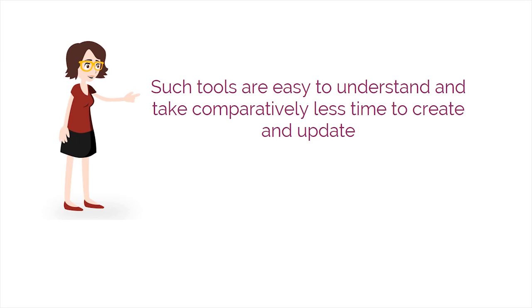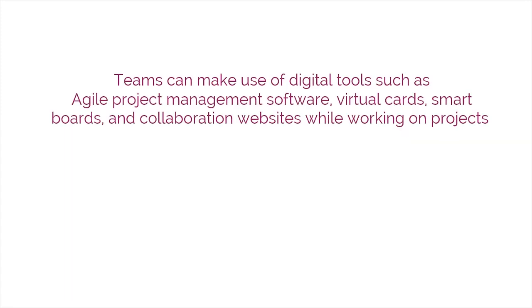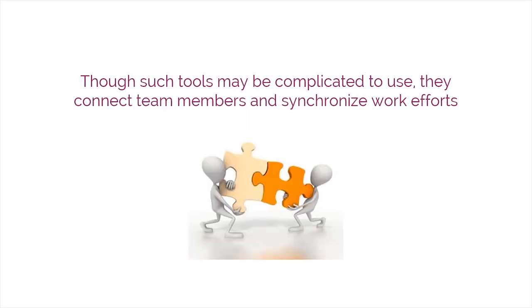Such tools are easy to understand and take comparatively less time to create and update. However, in cases when the teams may be distributed, high-tech digital tools are more appropriate. Teams can make use of digital tools such as Agile project management software, virtual cards, smart boards, and collaboration websites while working on projects. Though such tools may be complicated to use, they connect team members and synchronize work efforts.